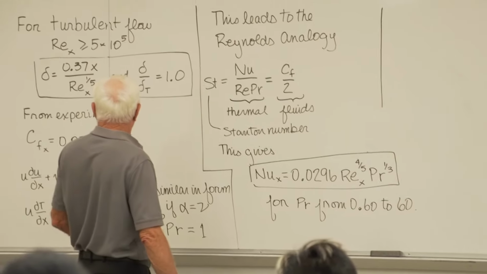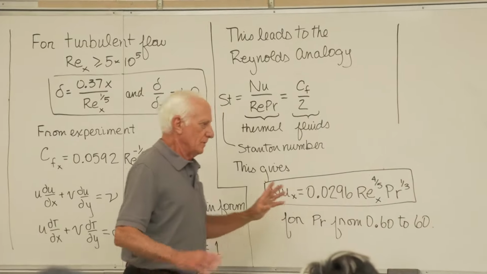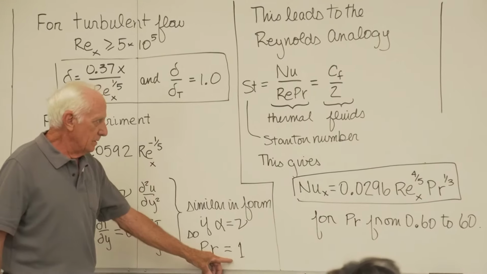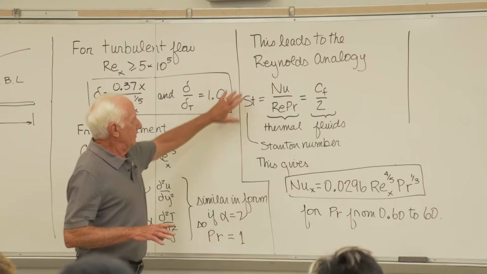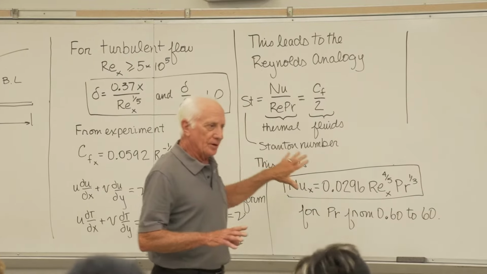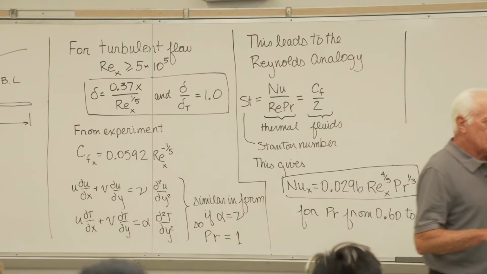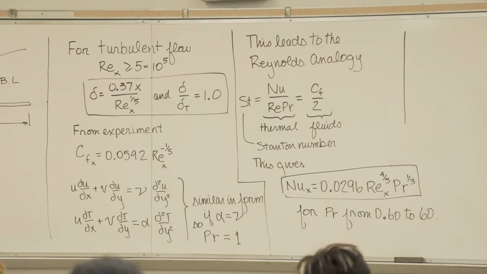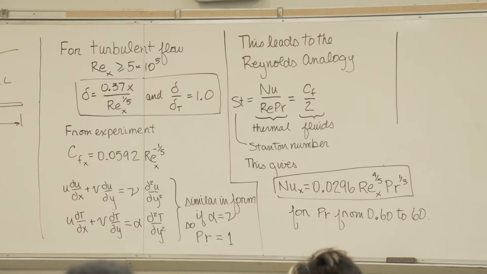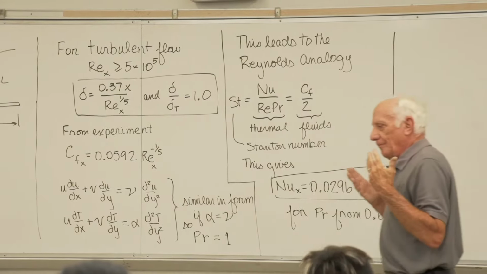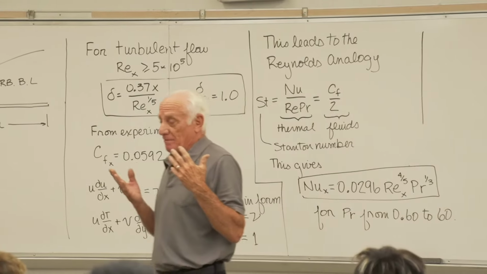Where did this Prandtl number come from? Because we said it's 1? Well, yeah. The Reynolds analogy works out really good for Prandtl number equal to 1. What's a Prandtl number at 300 K for air? 0.7. For water, 6 point something. So most fluids maybe don't have a Prandtl equal 1.